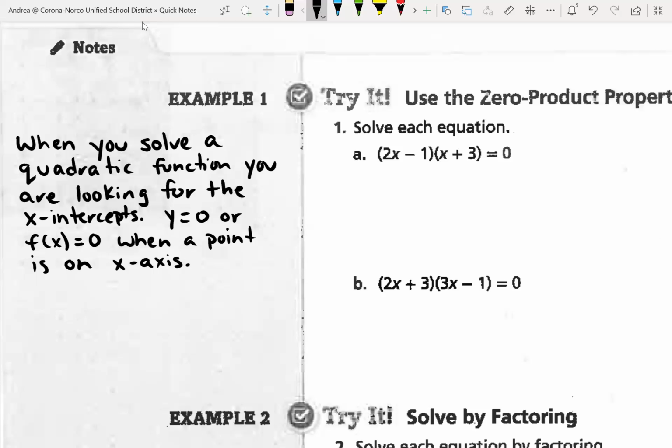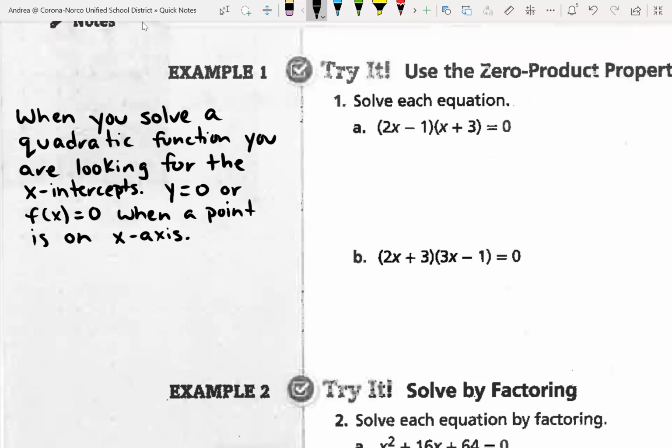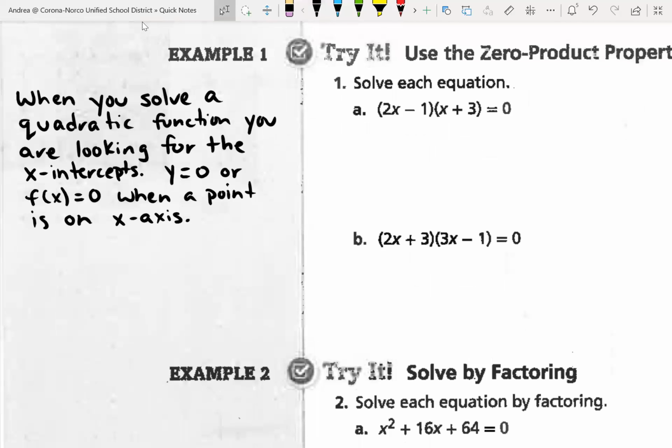Okay, when we're solving, we have a lot of vocabulary that we use for solving. So I want to make sure you know all the vocabulary that they could possibly ask you to do. They could ask you to solve. Okay, if they ask you to solve, that means find the x-intercepts, okay? They could ask you to find the roots. Okay.